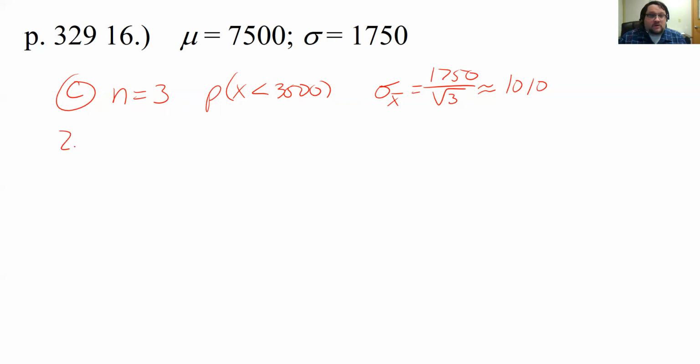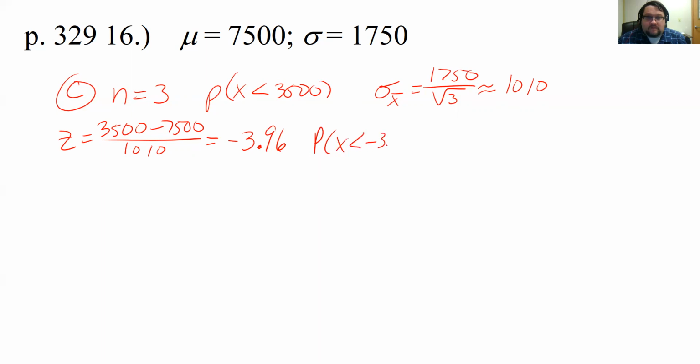So what's our new Z value? 3,500 minus 7,500 divided by 1010. Negative 3.96 is going to be our Z value. So what's the probability Z is less than negative 3.96? We look at our table here, and our table doesn't go that low.